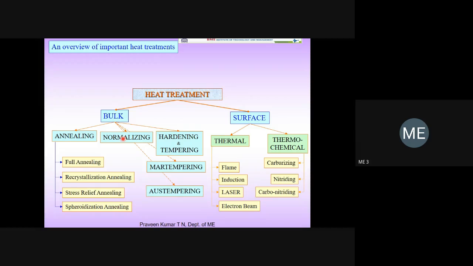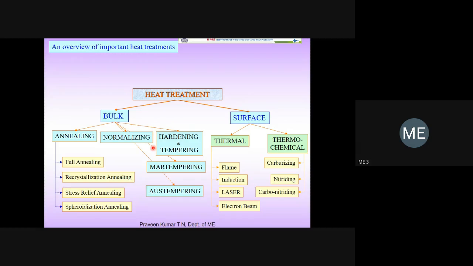Then you have already studied the TTT diagram, the time temperature transformation diagram. It is also referred to as an isothermal process. Isothermal means the complete treatment or phase change takes place at constant temperature. For that, we get phases like the bainite phase or pearlite phase. But even in bainite, there is a small amount of austenite.